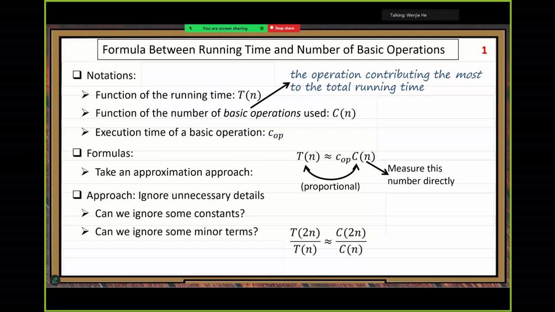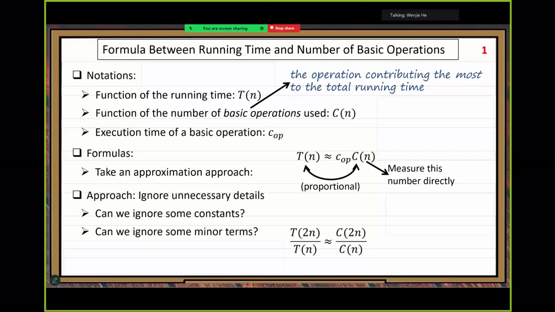All right. So now you can see from this formula that this little coefficient c can be ignored, right? Not that important. So that can be ignored, and it can simplify our discussion.